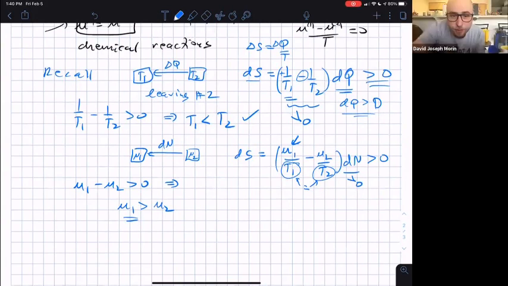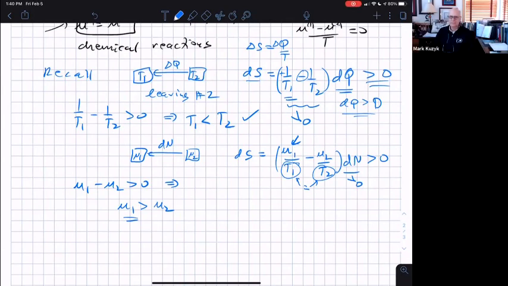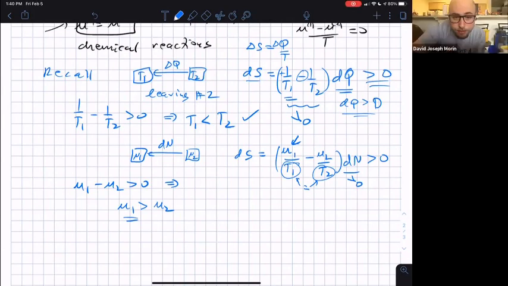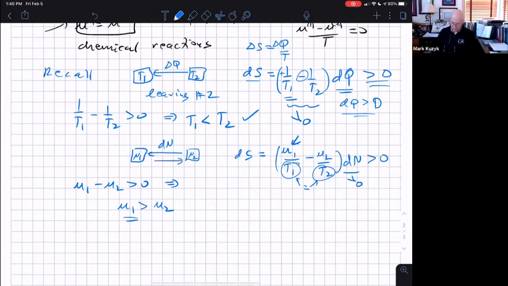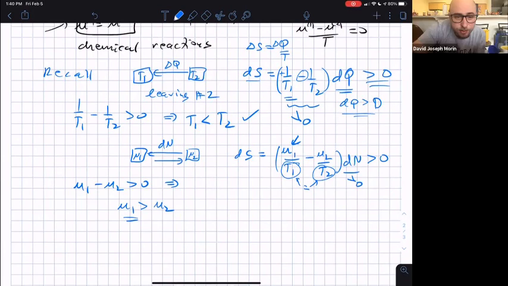If you have dN relative to mu2, and the change in particles needs to be greater than 0, that means particles need to be flowing into it, right? Into mu2. So the particles should be flowing the other way. So you're saying it should be flowing like that. And that's how I think you have it set up, because you have things relative to T2 and relative to mu2.